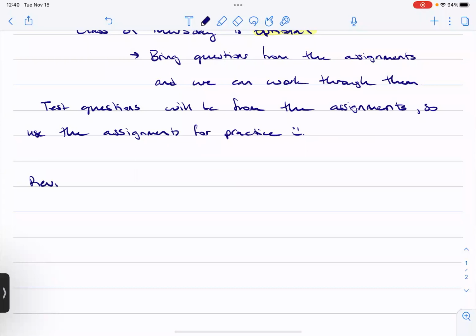Let's just do a smidge of review on tree classification models, just because we're going to use tree models again.